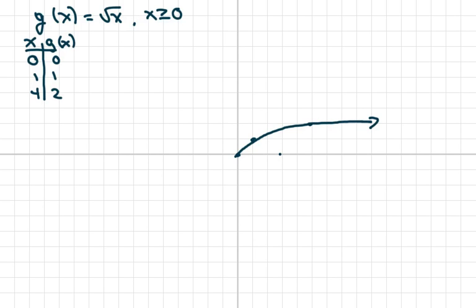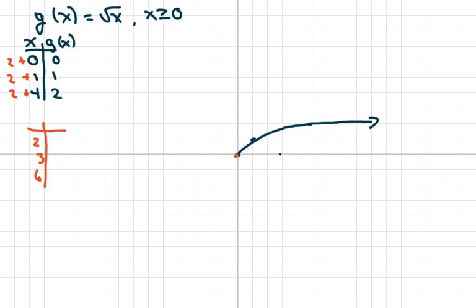Now, the next step is to shift this to the right by 2. So my 0, if I shift to the right by 2, I'm just adding 2 to these x values. So what we're going to get is 2, 3, and 6.